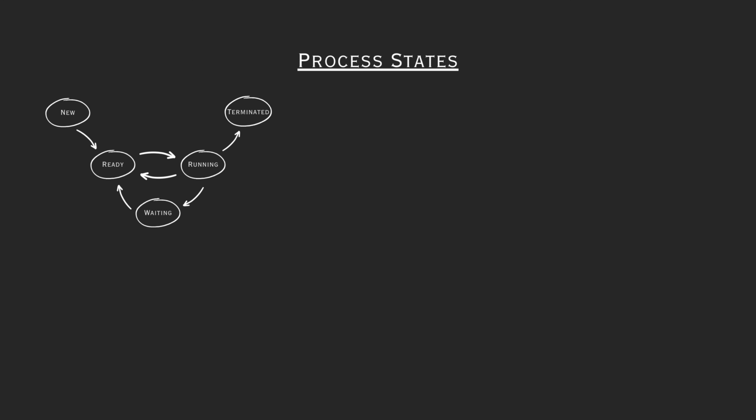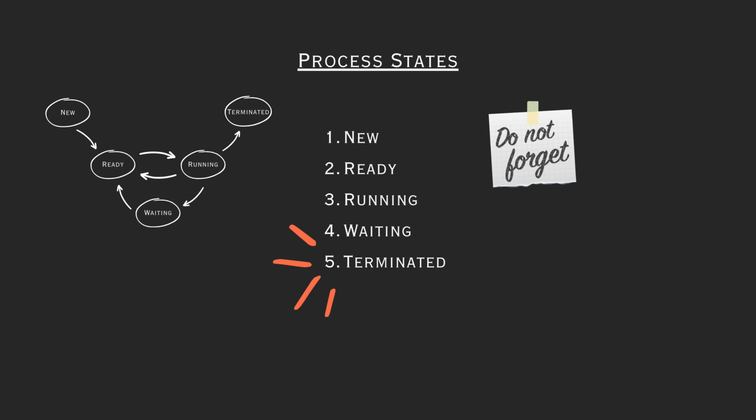Now we're going to talk about the life cycle of a process in an operating system. We're going to focus on the five primary states, which are new, ready, running, waiting, and terminated. Understanding these five states is really important for understanding how an operating system manages multiple processes efficiently. So, the journey of a process begins in the new state.